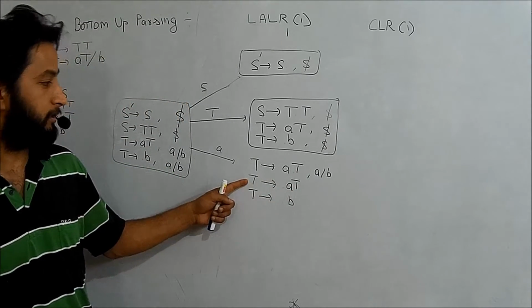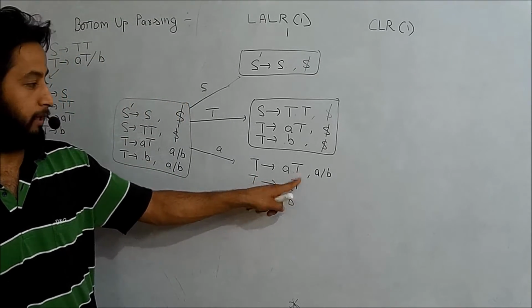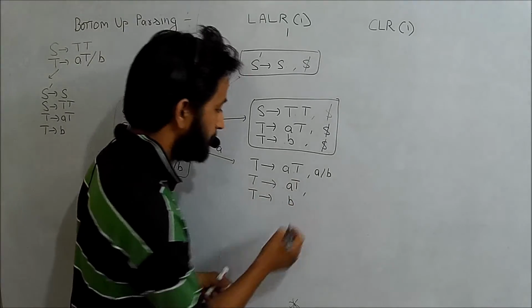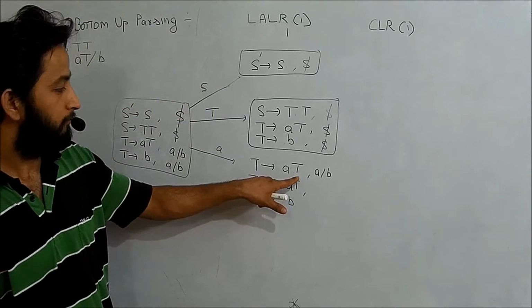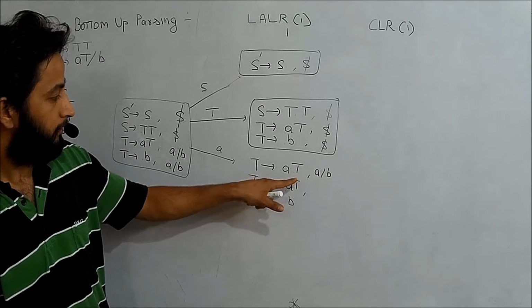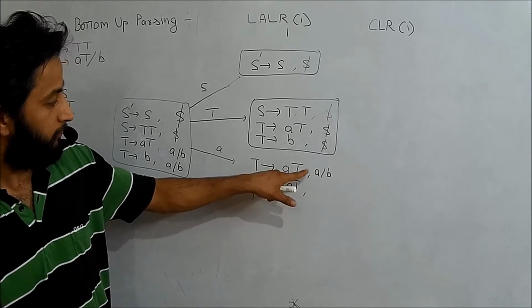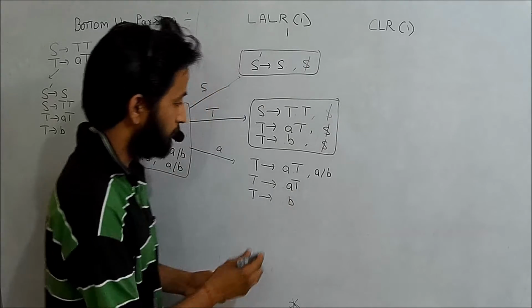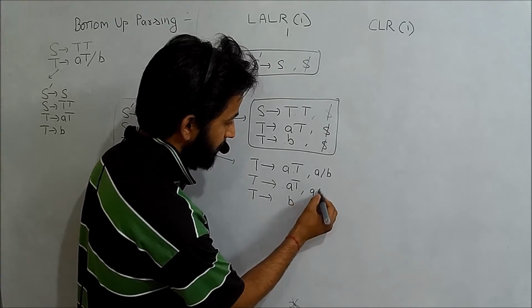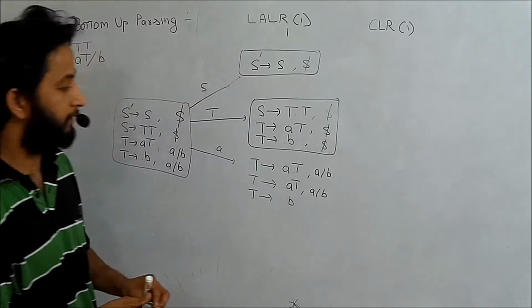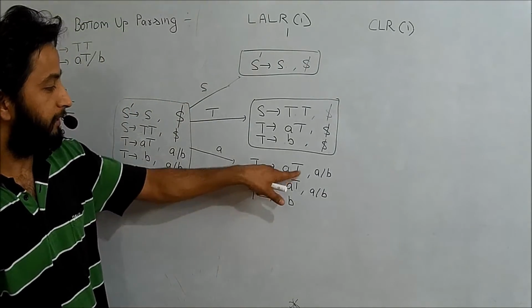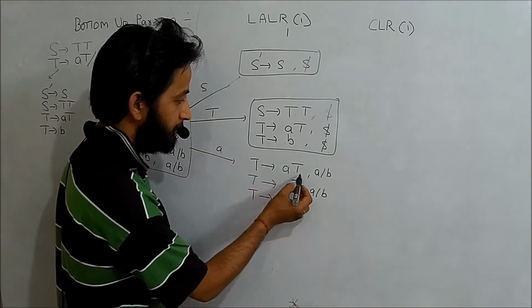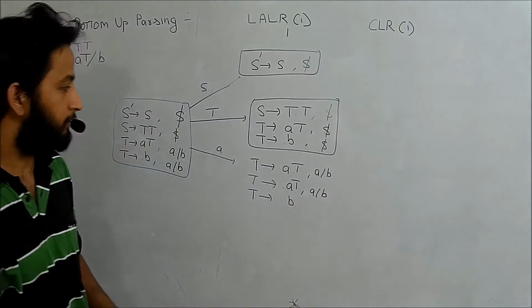So this production is because of this closure. Okay, so for the look ahead I will check further, first of. There will be nothing, so the look ahead will be a slash b, because when I check after T that we have added here, there is nothing for the first.